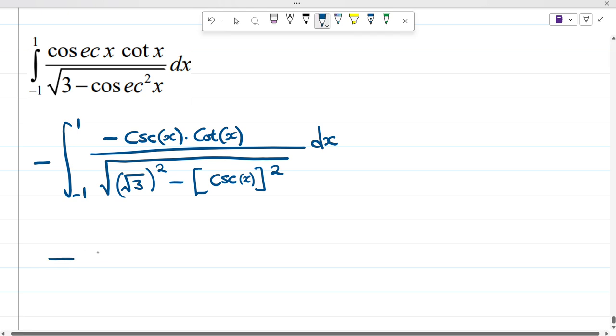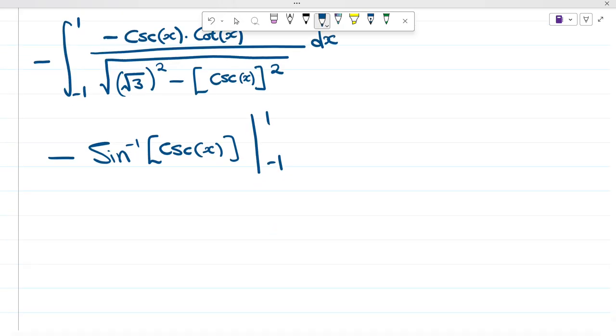This is going to be negative sine inverse of what? Of cosec of x. So this is going to be negative sine inverse of cosec of x, and then you put your limits being 1 and minus 1.